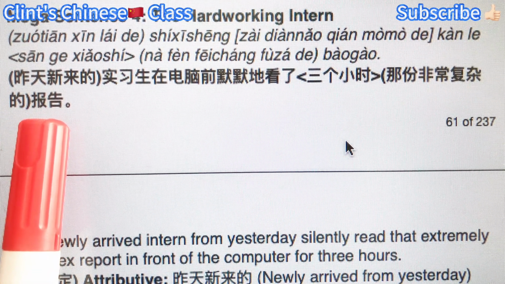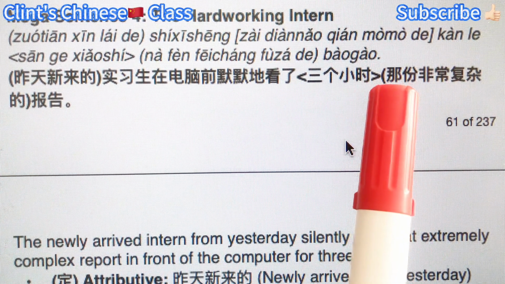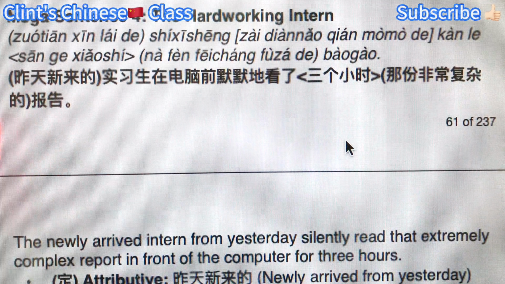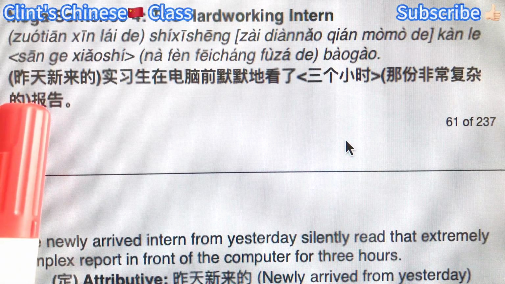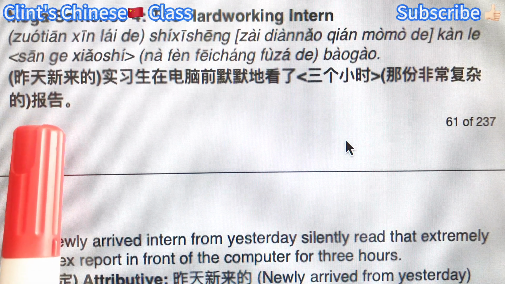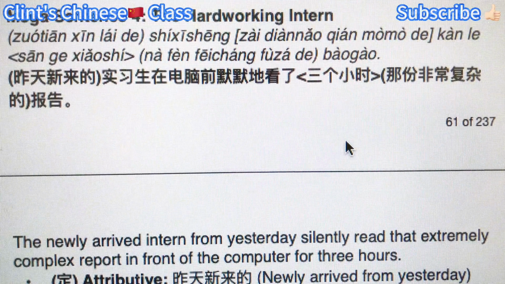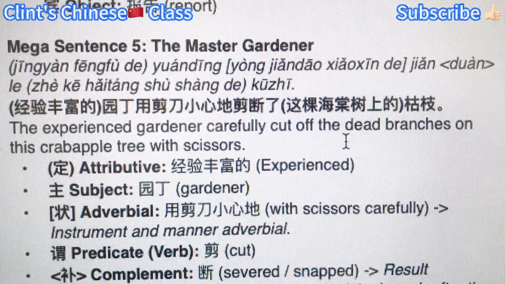Now we can use this attributive to describe that. 那份非常复杂的, like that extremely complex. This long adjective phrase is modifying the object. Alright guys, so that's how you analyze the long sentence.